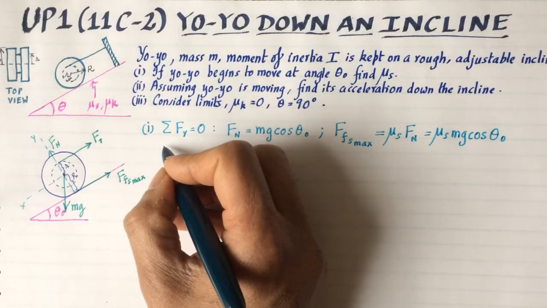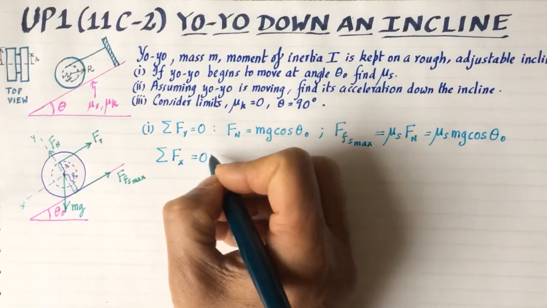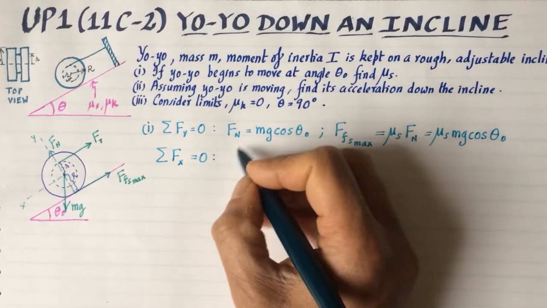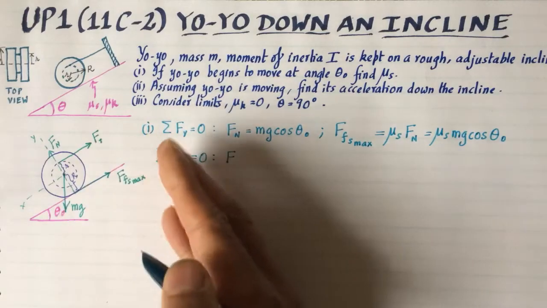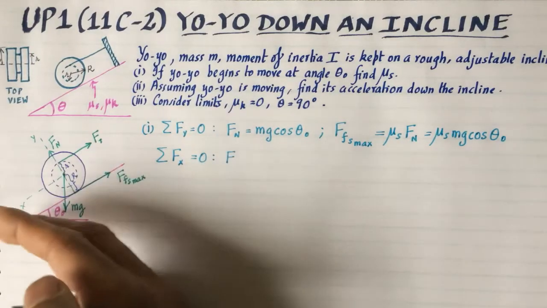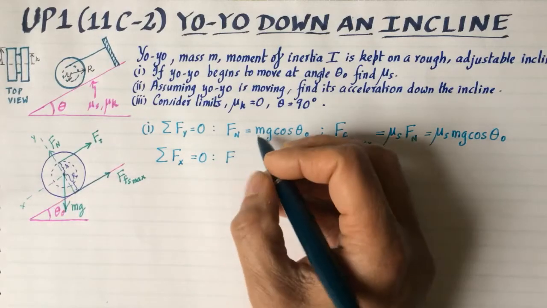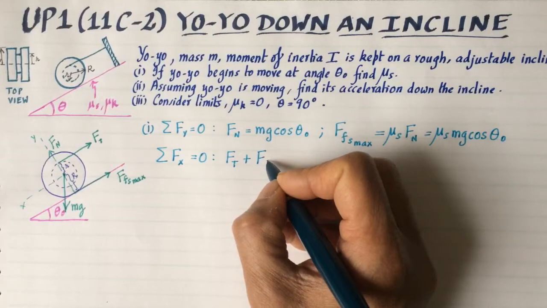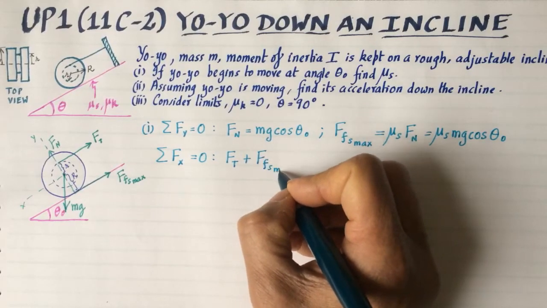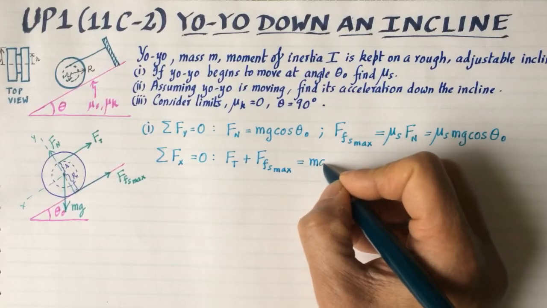Now in the x direction, there is initially no motion, so the sum of all the forces in the x direction is also 0. Well, that tells us the forces on that side, which are tension plus static friction, must equal the force downwards. So I get Ft plus Fs max. The component of gravity down the incline is just mg sine theta naught.